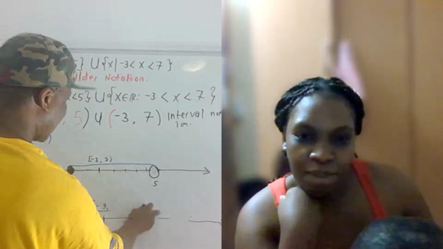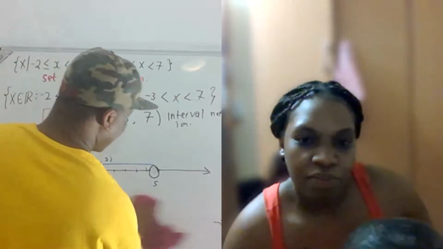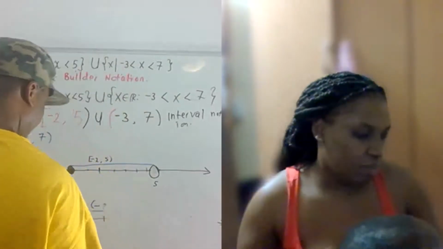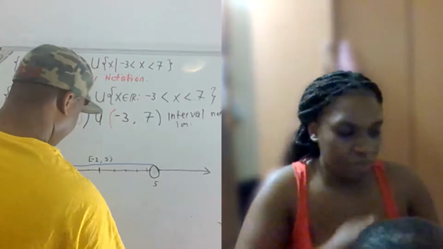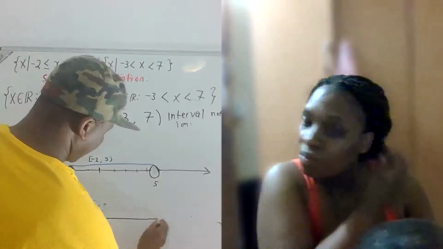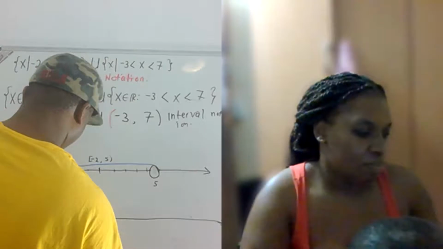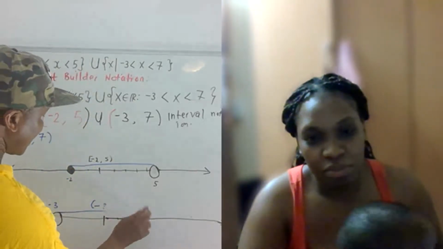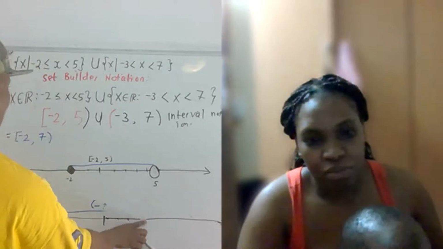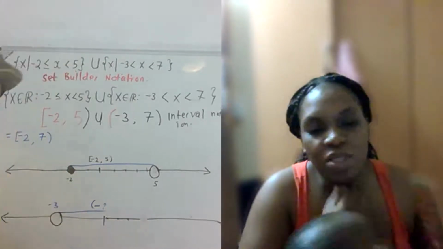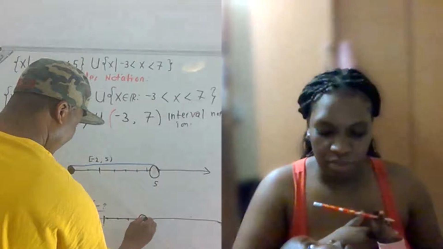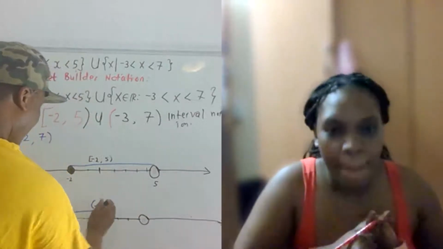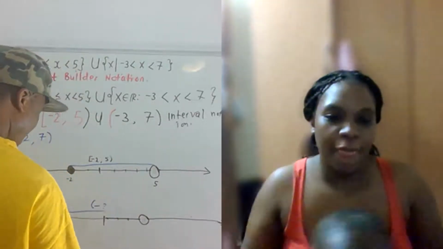Let's say 3 for the challenge. Is it including or excluding? What do you want to put? Excluding. Okay. So -3 to 4.